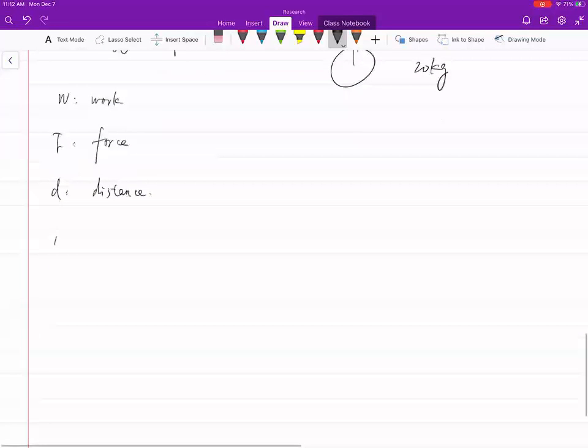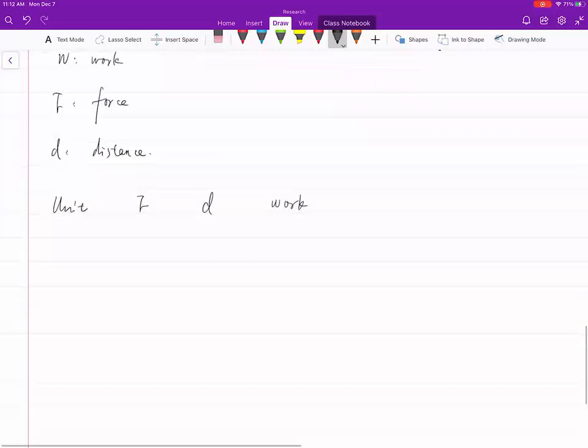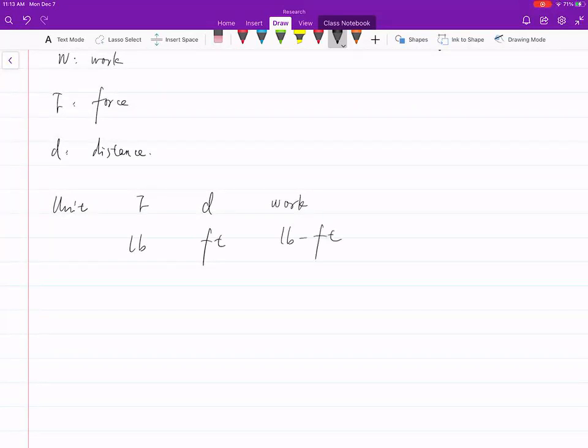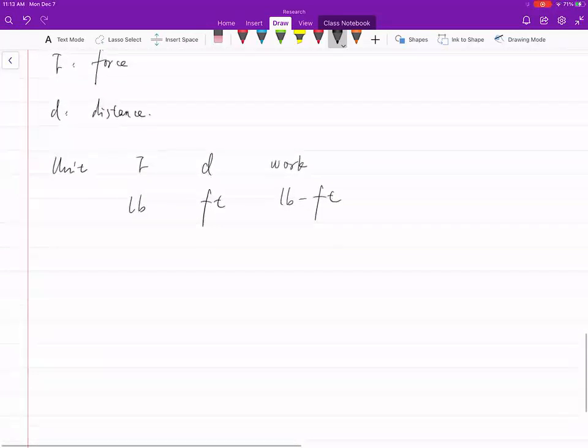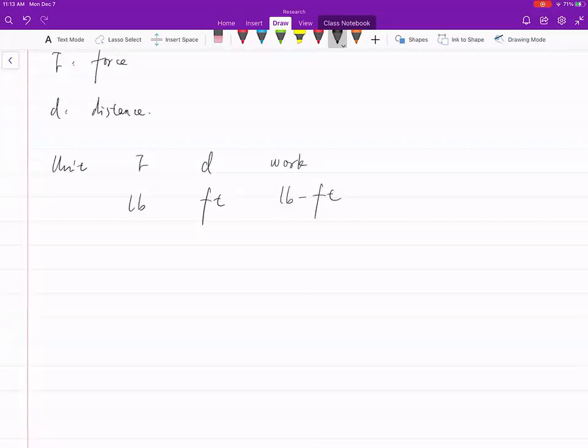For units, force and distance, and then work. In the United States, for force we use pound, for distance we use feet. The work we do is actually foot-pound. Put a dash line to say they multiply together. United States is the only country who does this, as far as I know. Okay, so if you ever want to do anything in physics later, try to get used to international metric.